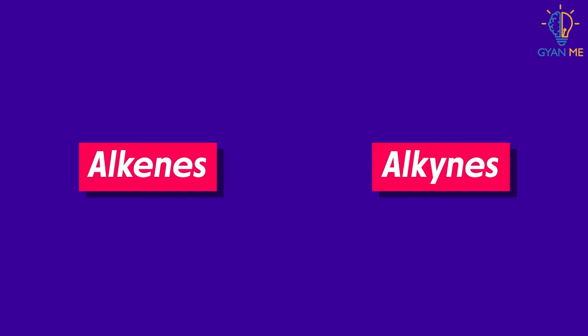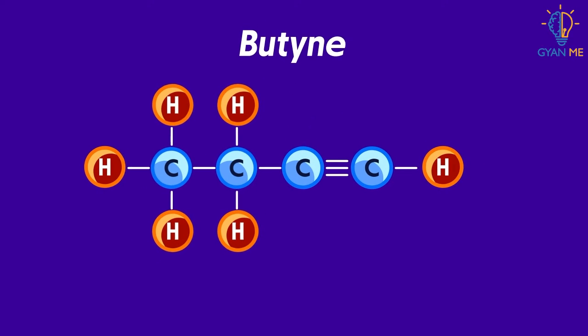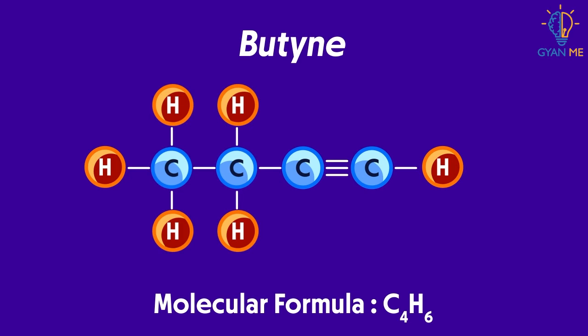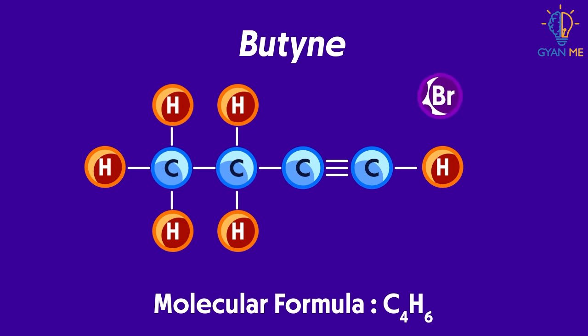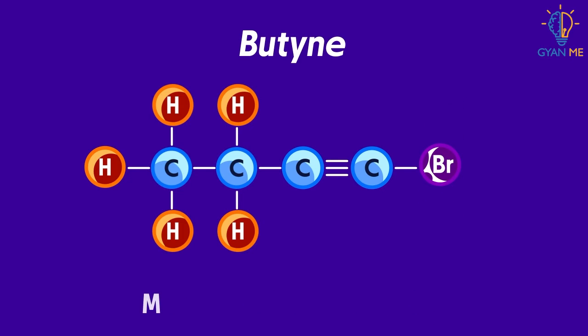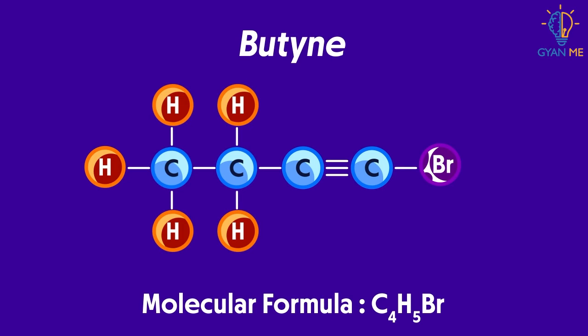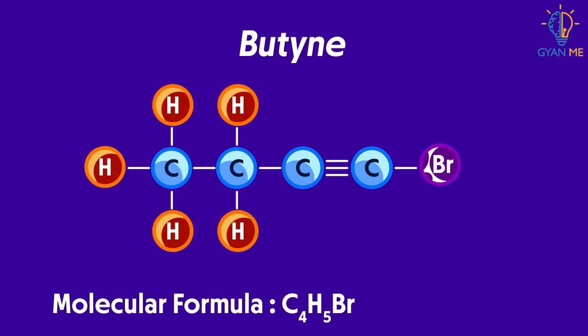For example, if we take butyne of the alkyne group, its molecular formula is C4H6 and its structure can be expressed as CH3CH2CCH. Now, if one of the hydrogens in butyne is replaced by bromine, we get a new carbon compound with molecular formula C4H5Br or CH3CH2CCBr.